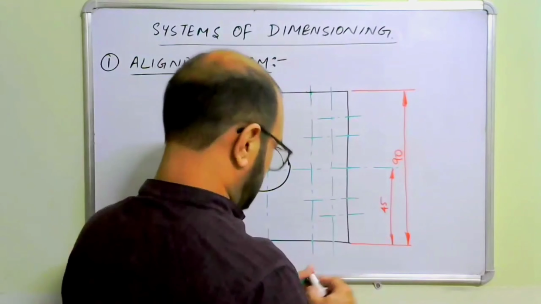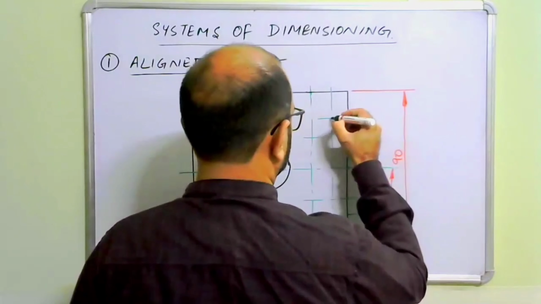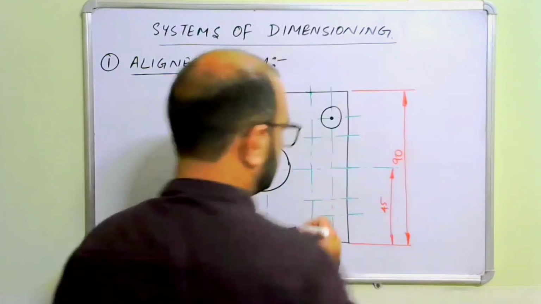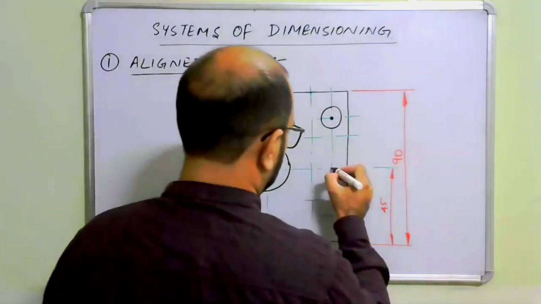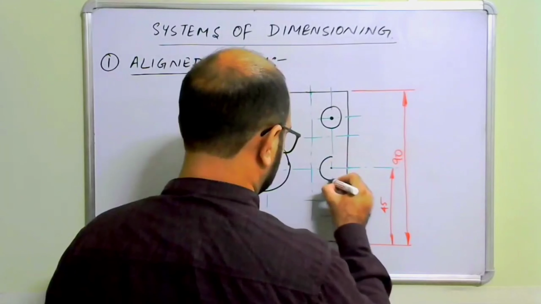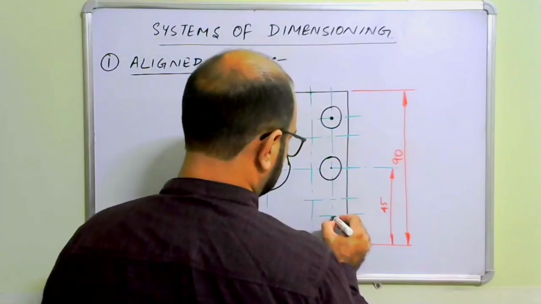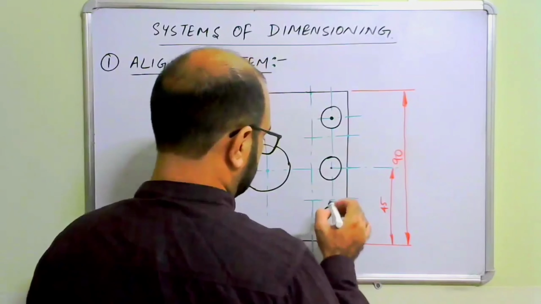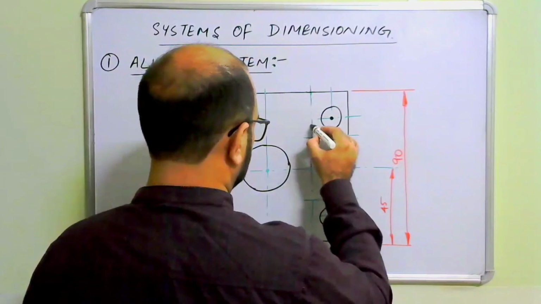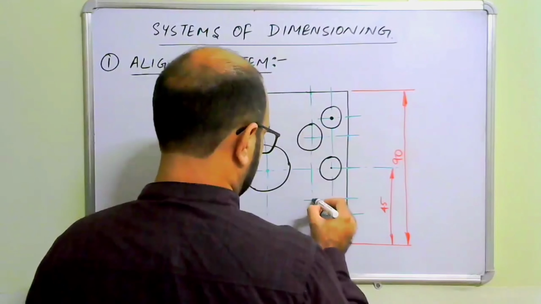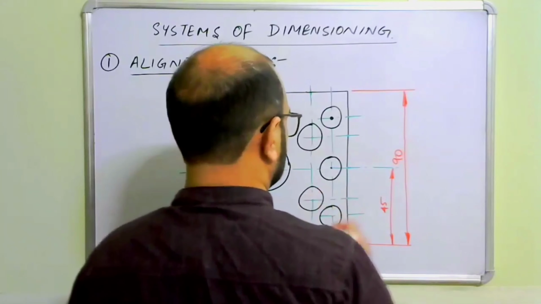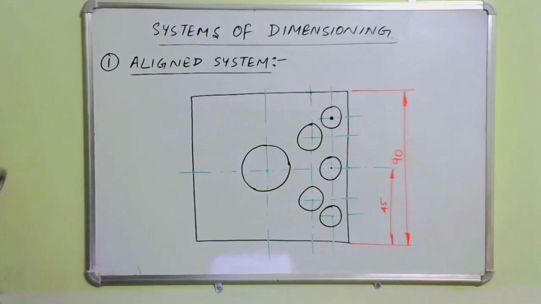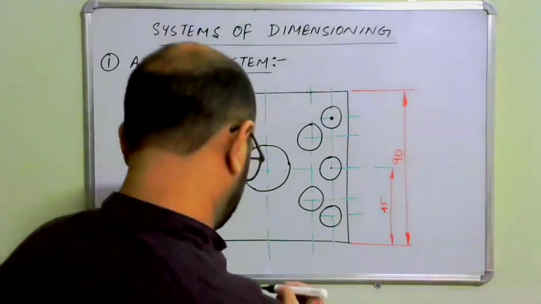So first circle here, this is the second circle, and this is the third circle. Similarly, this is again a circle you have to draw, and this circle also.